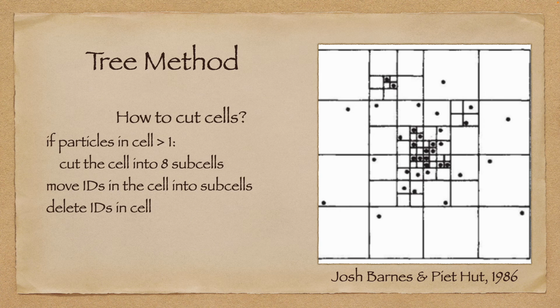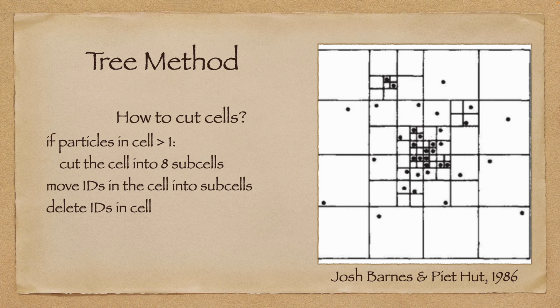And the next problem is how to cut the cell. If the particles inside a cell are more than one, we will cut the cell into eight subcells. In my own code, each cell will record the IDs of the particles which are inside the cell.